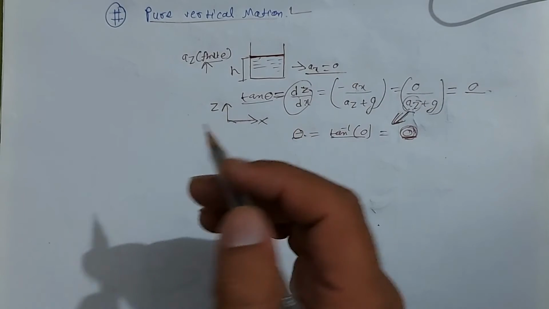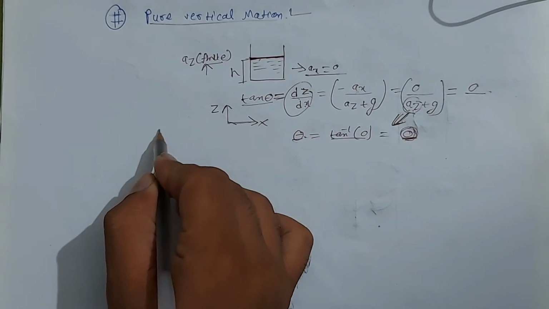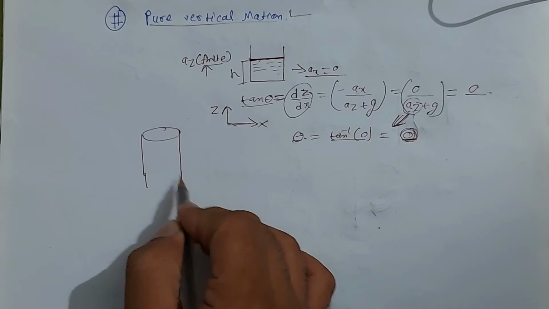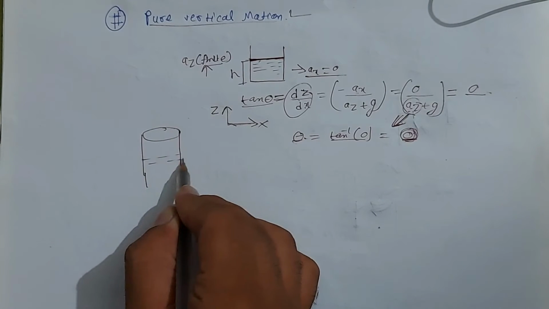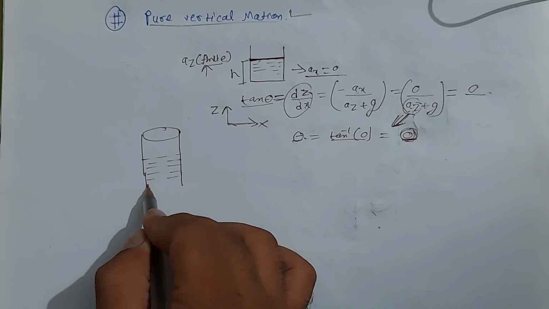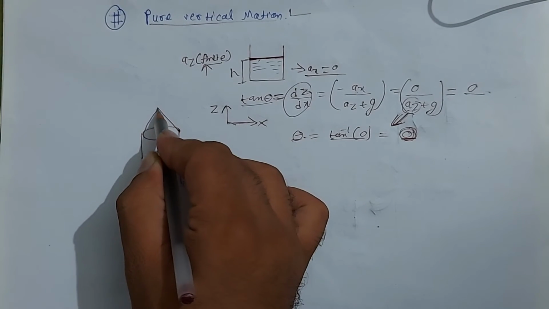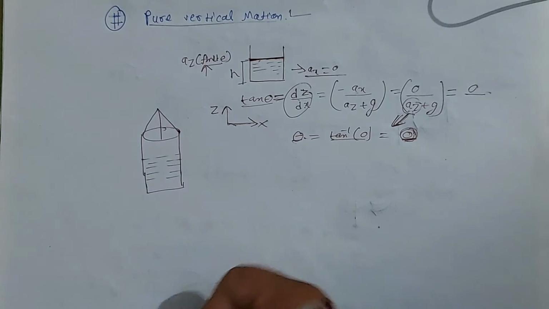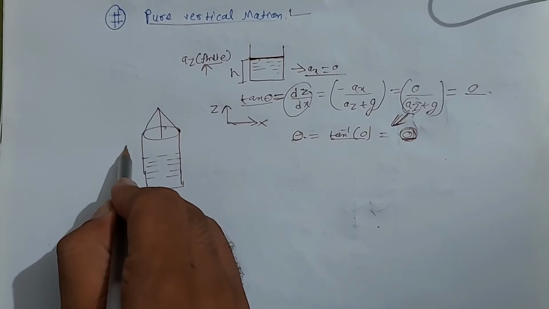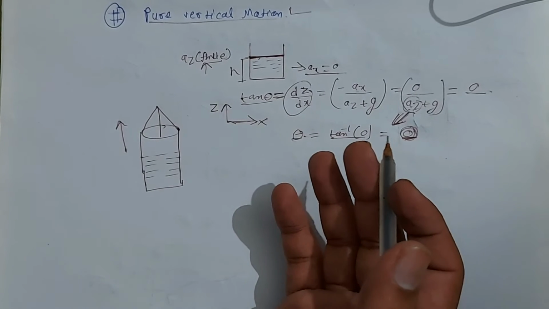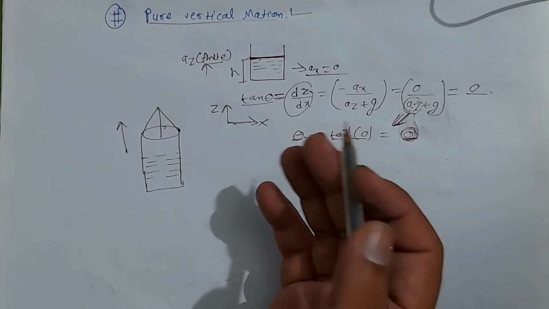So suppose there is a rocket and there is some liquid fuel in it, and this is the payload, and suppose this rocket is initially going, when it takes off, you know, when rockets take off they generally go vertically straight.